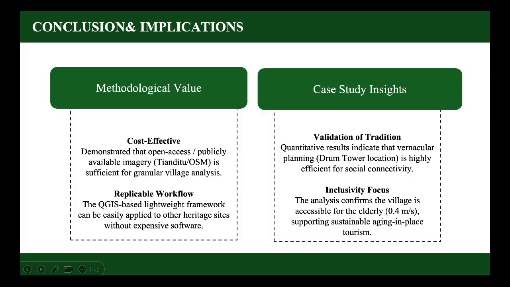Second, for the Dali case, the result indicates a strong spatial logic in traditional settlement planning. Key heritage spaces, especially around the Drum Tower area, are closely embedded within the most connected pedestrian corridors.